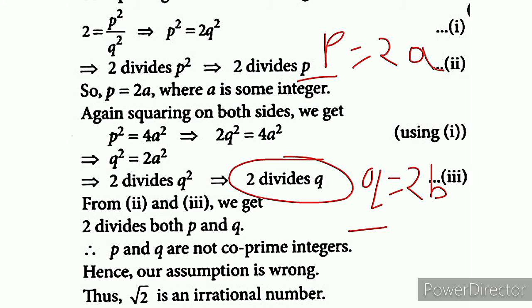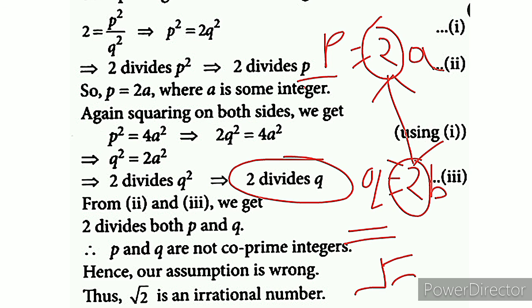It means p and q don't have any common factors among them. But now we have concluded that p is a multiple of 2 and q is also a multiple of 2, and 2 is a common factor of both p and q. So our assumption must have been wrong, that square root 2 is a rational number, so square root of 2 must be an irrational number.